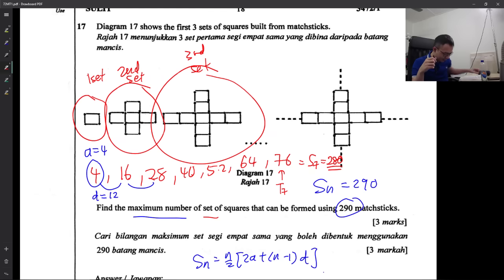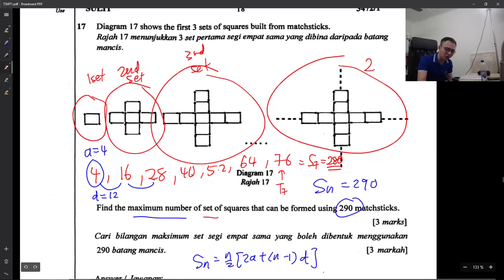Because the question says find the maximum number of sets of squares that can be formed using 290. It says you only have 290 matchsticks, and you want to form how many sets of it? Unless one of the sets uses all the 290, then I guess 24 makes sense. But here they ask you to find the maximum number of sets of squares, right?